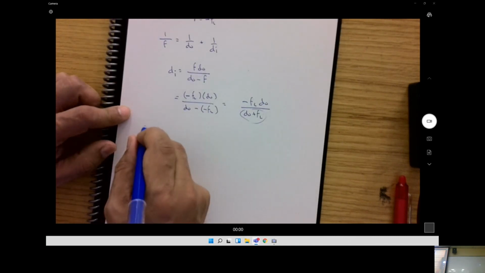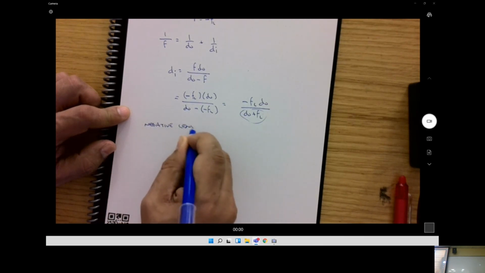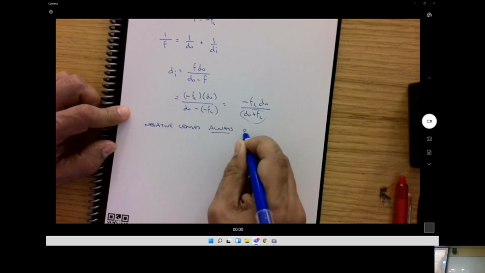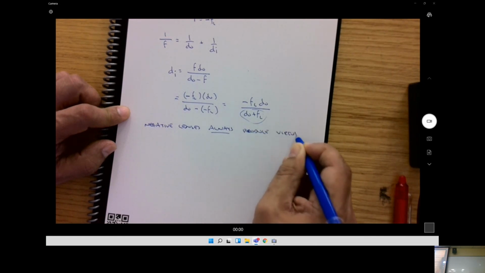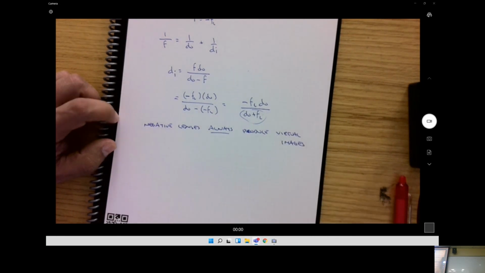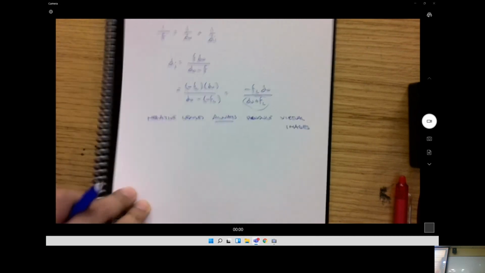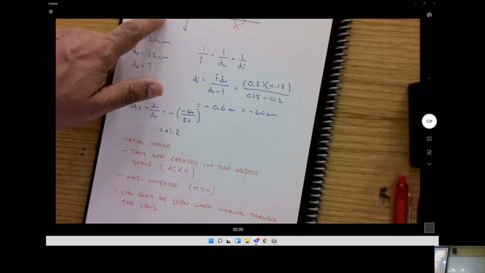So negative lenses always produce virtual images. Okay, it doesn't matter where you put that object, it's always going to produce a virtual image. When you work with positive lenses, where you place your object matters.